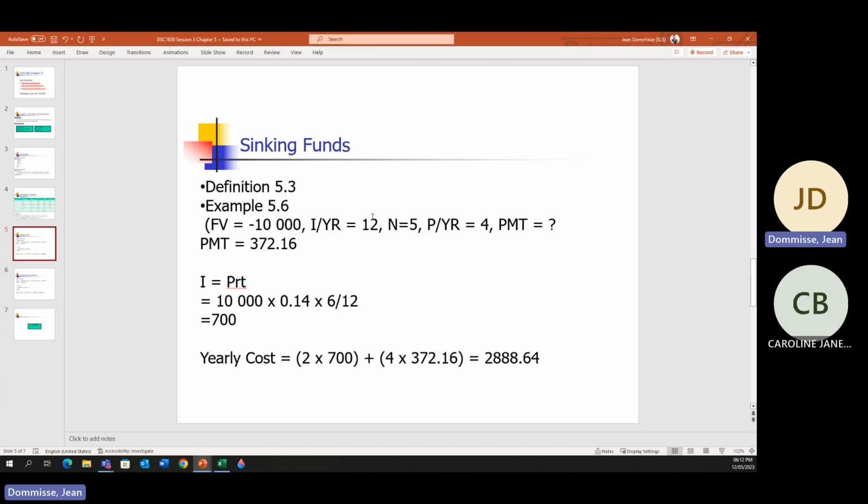So the important thing with sinking funds is to identify what the numbers are that you need to work with. Okay, so that is sinking funds with amortization.